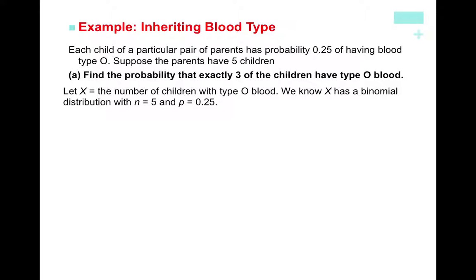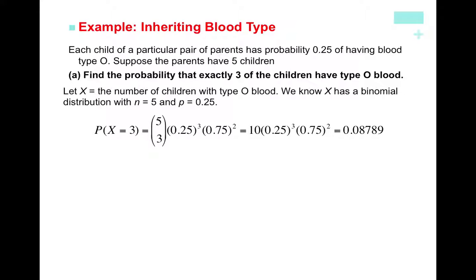We know that x is a binomial distribution already. We have the number of trials fixed at 5 children, and the probability of each of those children having type O blood is the same, 0.25. So the probability that exactly 3 children will have type O blood would be found as the following.